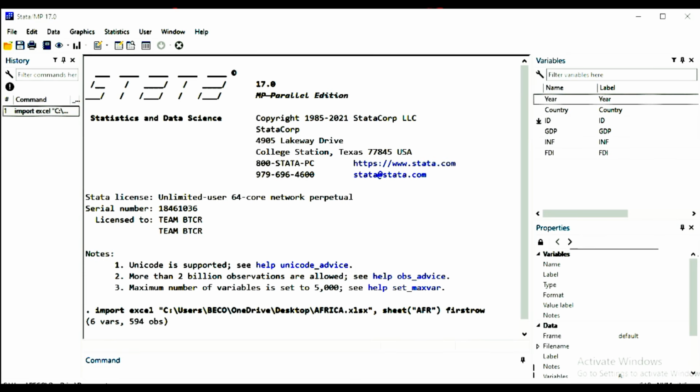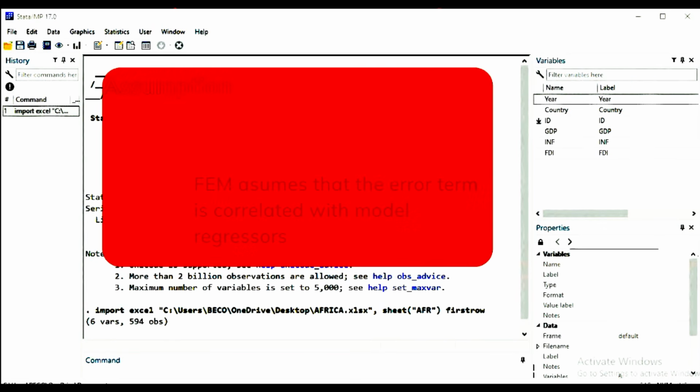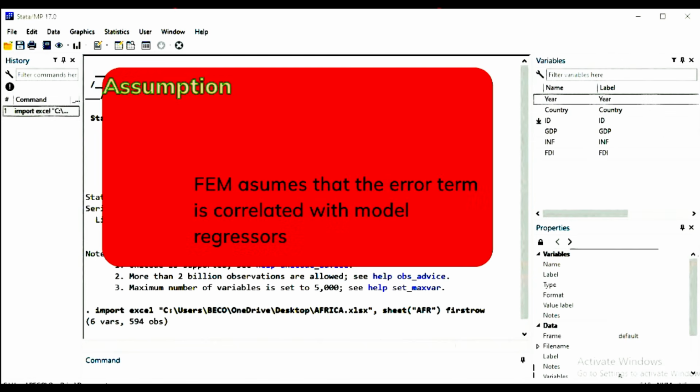That means the fixed effects estimator removes the influence of all time invariant country characteristics and focuses only on the changes occurring within each country.